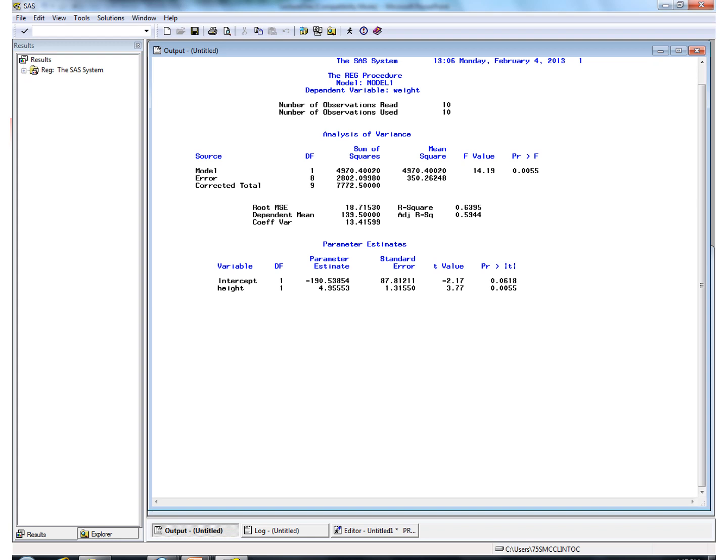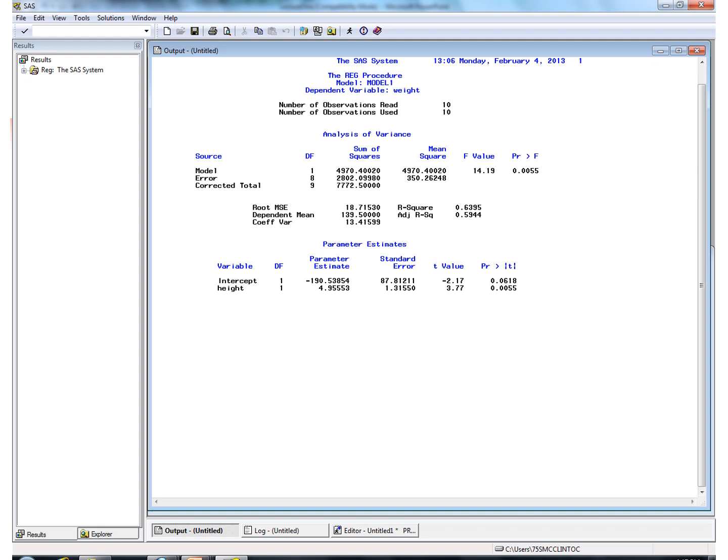It's got a negative 190.53854. It's got a 4.95553. It says intercept for the top one, right? That's our y-intercept. It says height for the other one, right? That's our slope, the slope for the variable height. So those are our parameter estimates.